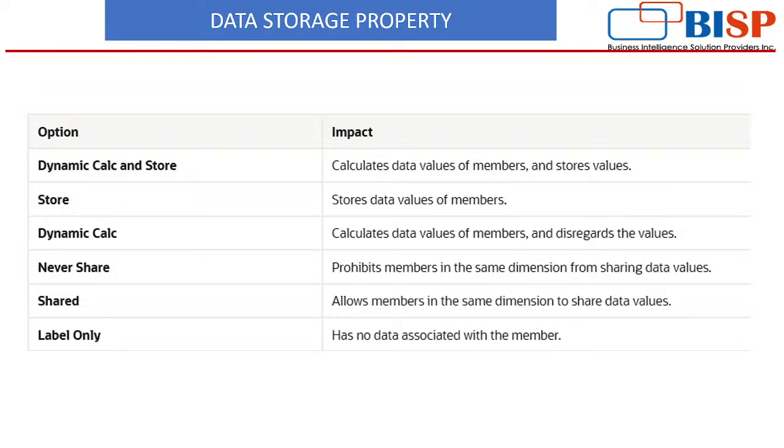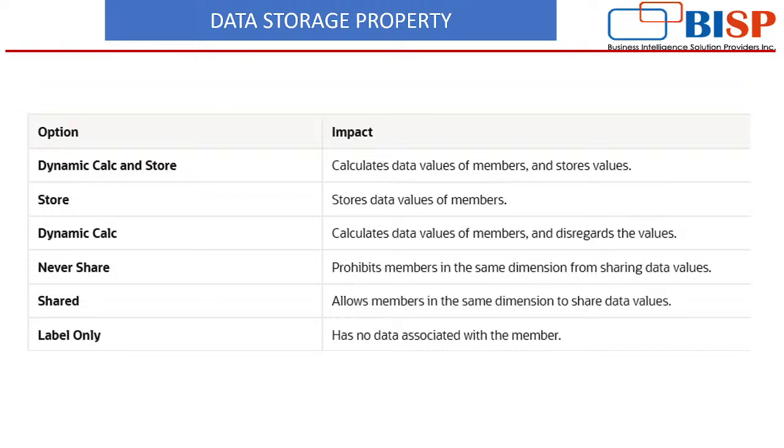We will take the first one, never share. Never share ensures that stored parent members always store data from the aggregation of child members. So it stores data independently even if it is shared across hierarchies. That is why the name is never share.